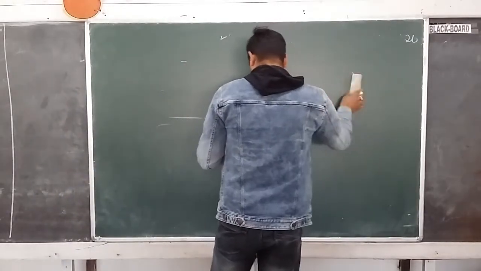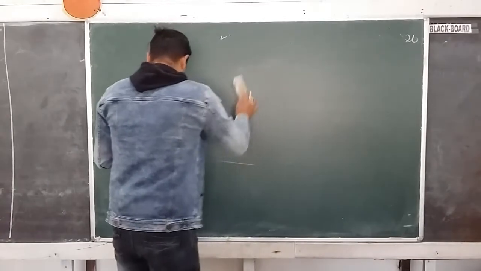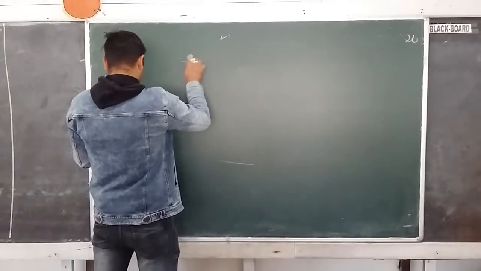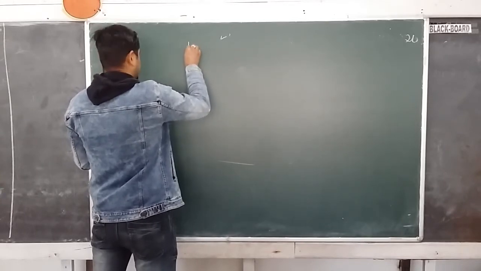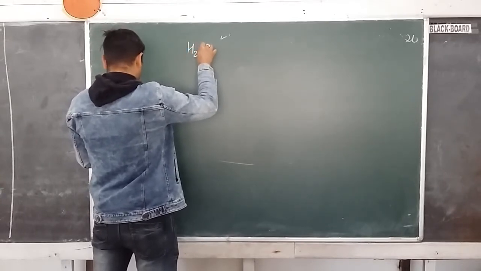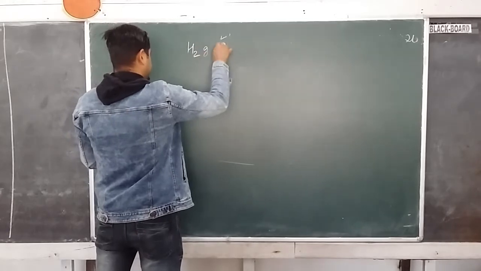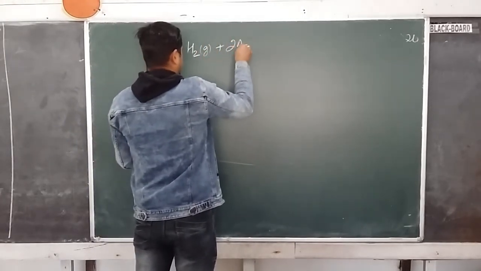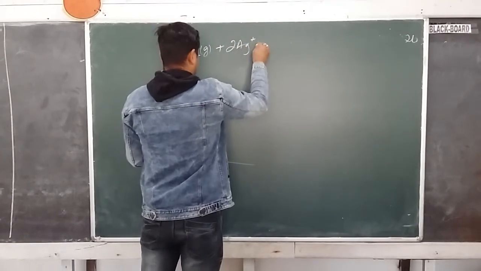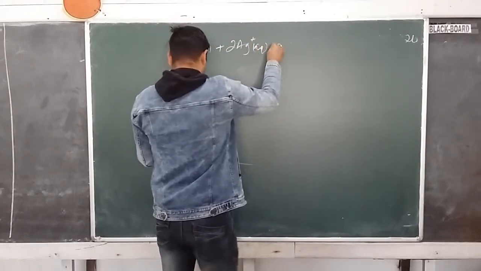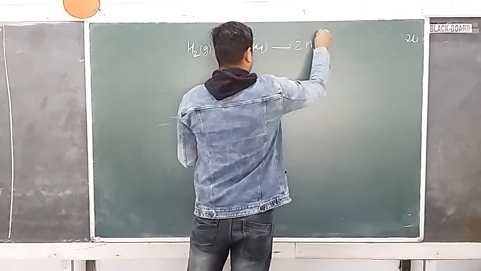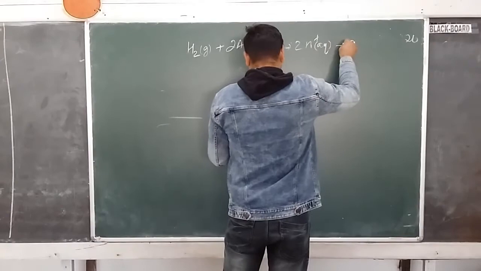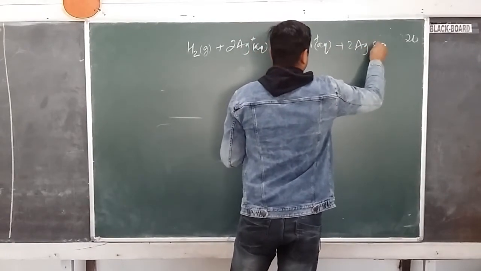Now, I'll give you an example. You write this. H2 gas plus 2Ag plus aqueous produces 2H plus aqueous plus 2Ag solid.